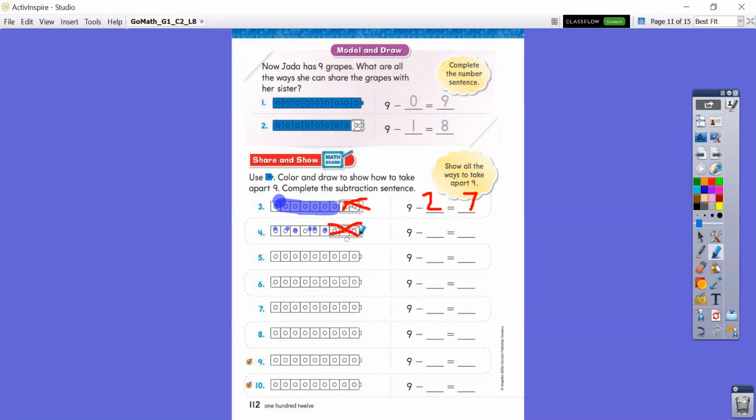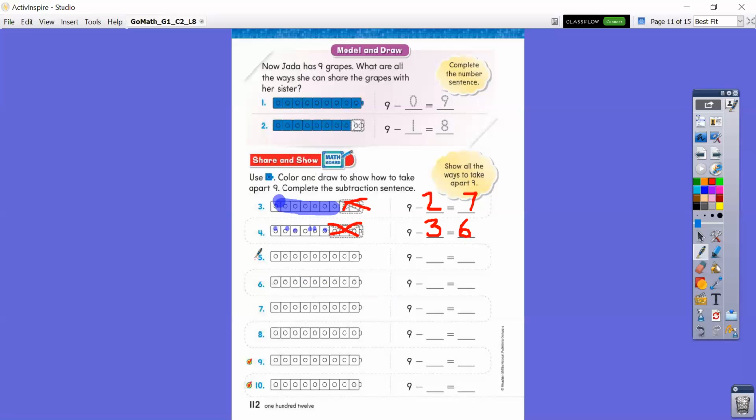So if I color those in there, we're starting with those 9. She takes away those 3. Okay, so let's put our number here. She takes away 3 of them. Let's count how many she has left. 1, 2, 3, 4, 5, 6. She has 6 grapes left.